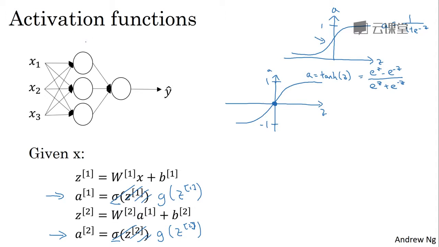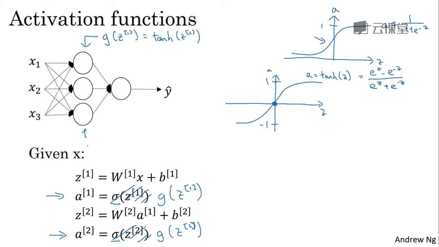And it turns out that for hidden units, if you let the function g of z be equal to tanh of z, this almost always works better than the sigmoid function, because with values between +1 and -1, the mean of the activations that come out of your hidden layer is closer to having 0 mean.